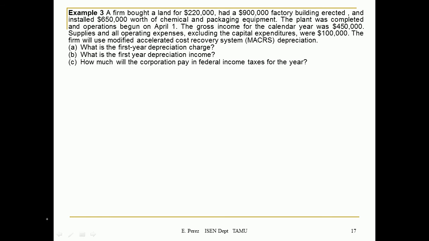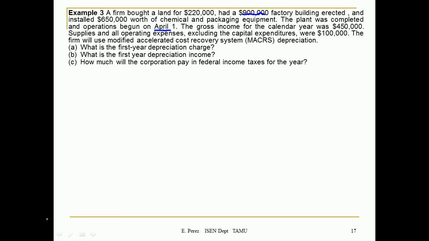So here we have a firm who bought a land for $220,000, had a $900,000 factory building there, and installed $650,000 worth of chemical and packaging equipment. The plant was completed and operations began on April 1st. The gross income for the calendar year was $450,000.